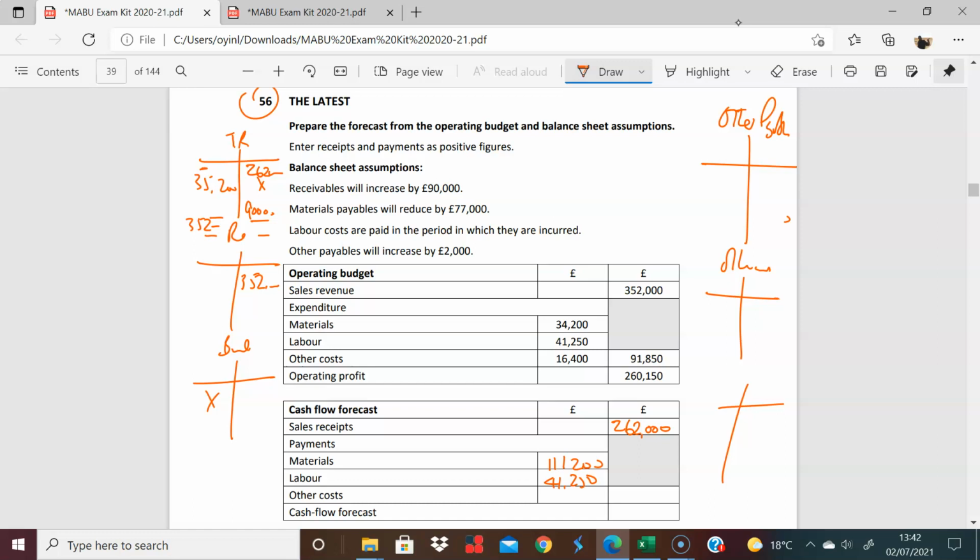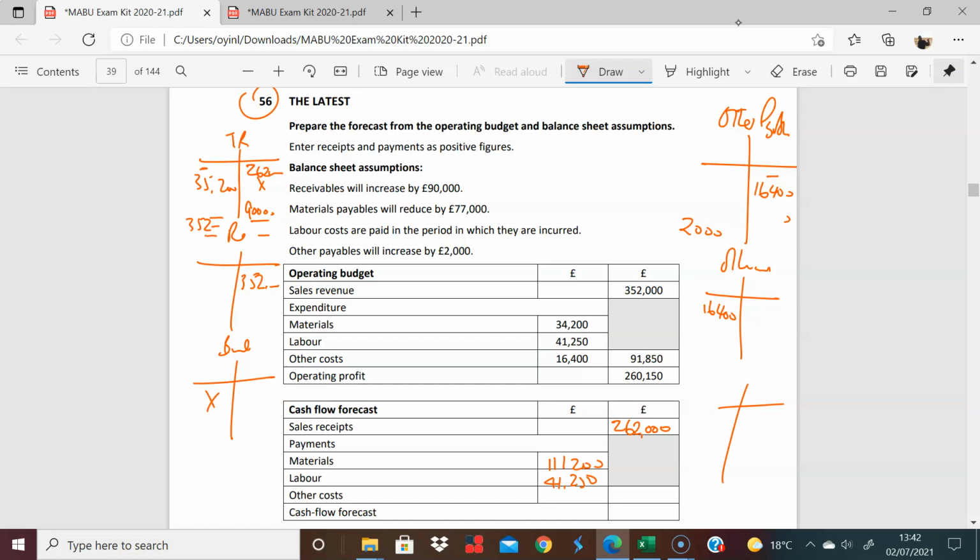So you started off with nothing, and then you're going to have 2,000, if you like, at the end. So what happens is you buy these other costs, 16,400, 16,400. And of course, what does it mean? The fact that it increases by 2,000 means you've used certain costs, but you haven't paid all of it off.